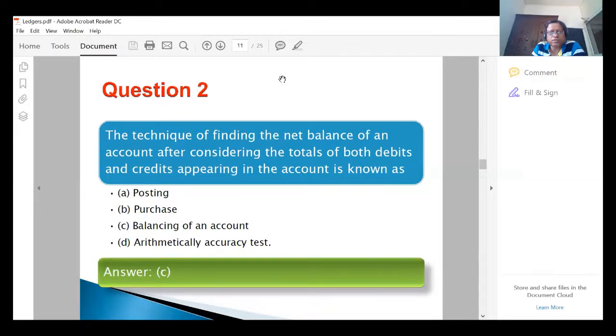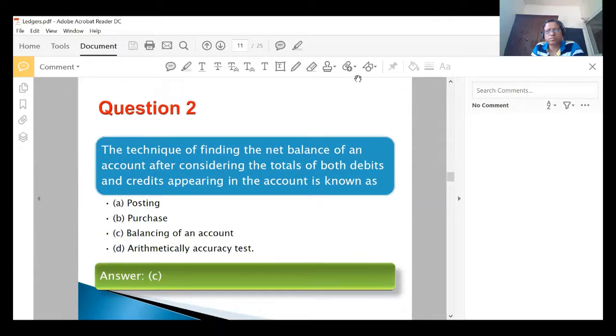The second question, the technique of finding the net balance of an account after considering the total of both debit side and credit side is called balancing of account.